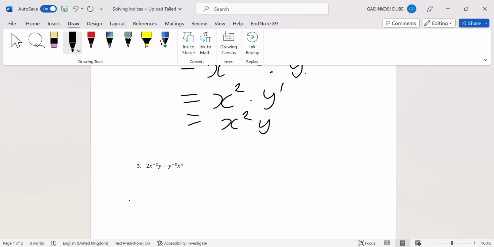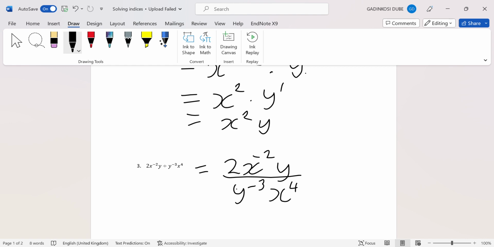So this is equal to 2x to the power minus 2, and then you've got y here. Then this is all divided by y to the power minus 3, times x to the power 4.